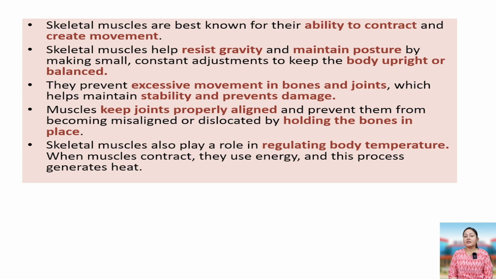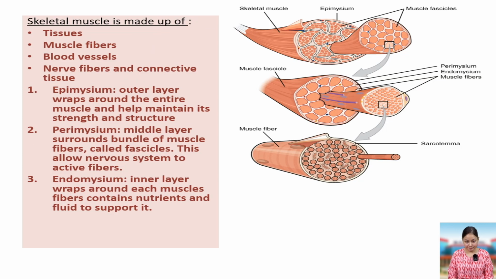Next, the muscles keep joints properly aligned and prevent them from becoming misaligned or dislocated by holding the bones in place. Skeletal muscles also play a very important role in regulating body temperature.